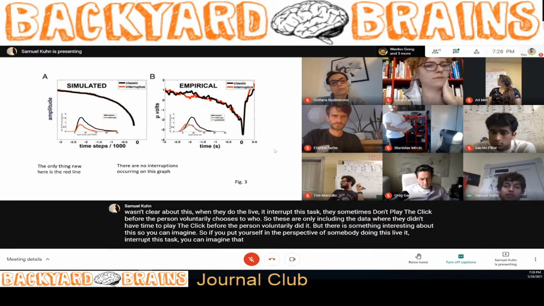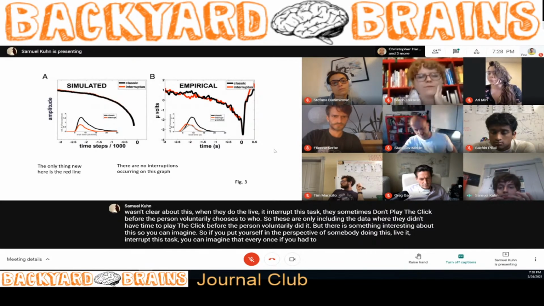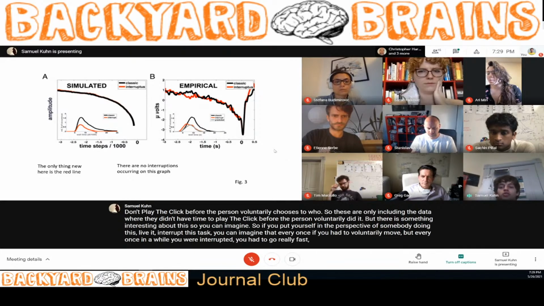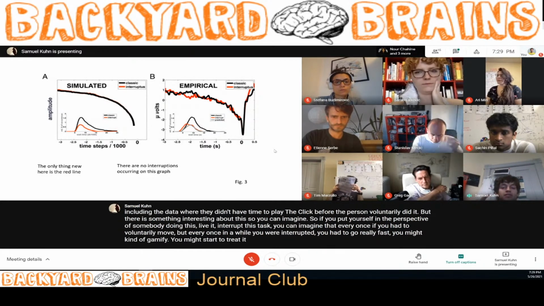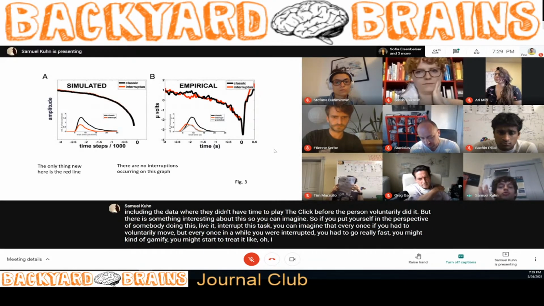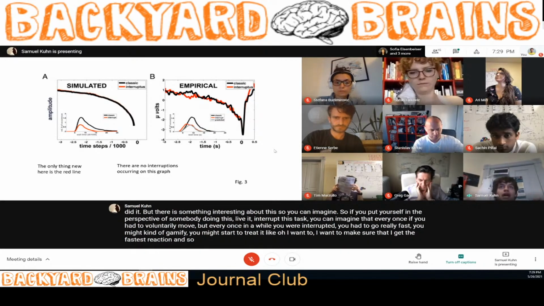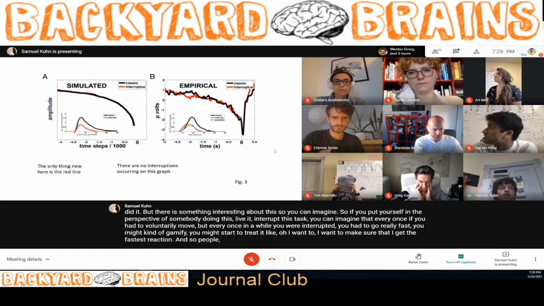So if you look at the smaller graph in B, you can see the red line and the gray line. The gray line is what they predicted should be the wait time in the interruptus task, but it seems like people skewed to having a shorter wait time, and this is not with an interruption happening. This is the possibility of an interruption being there.